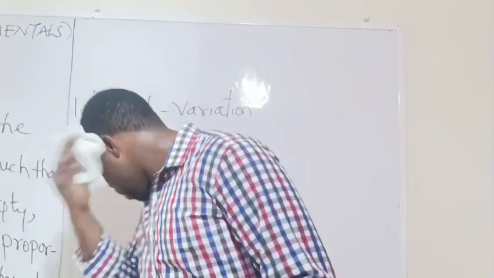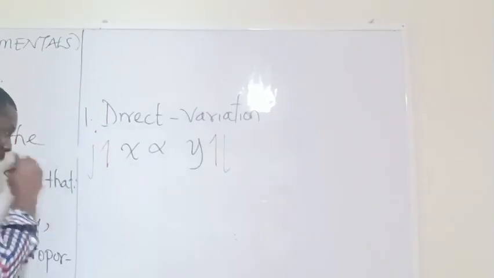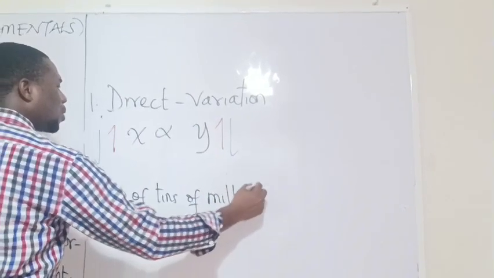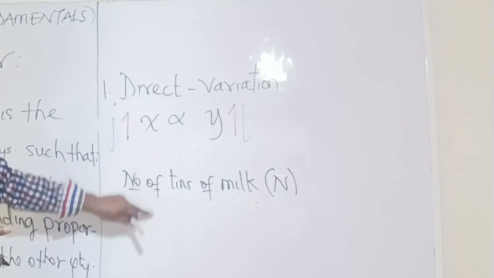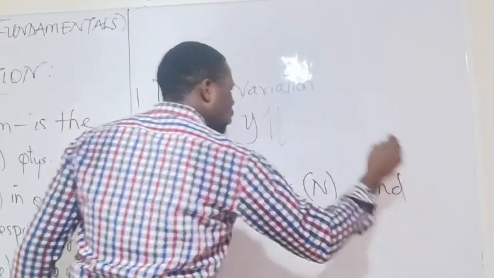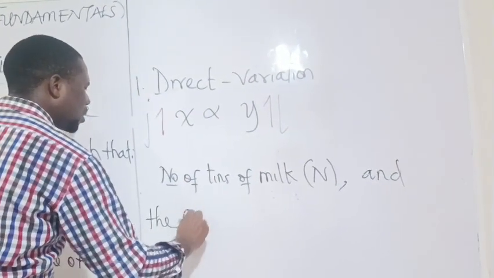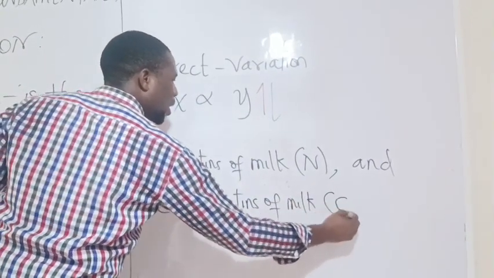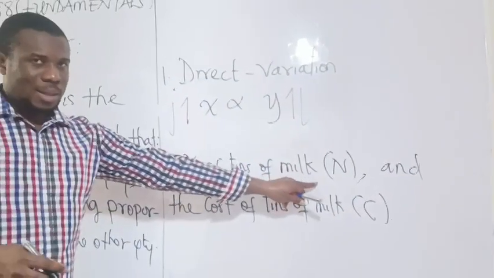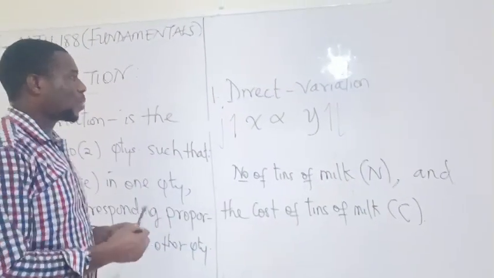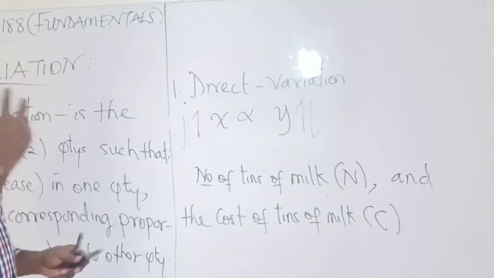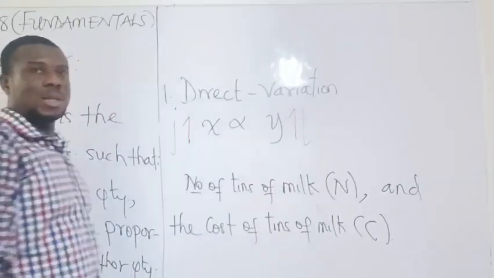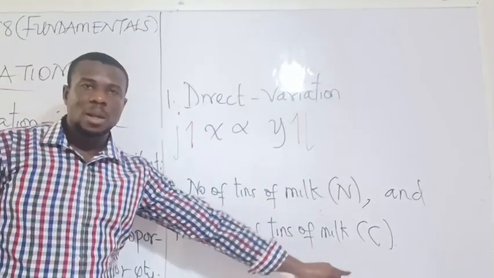And I give you a real life situation. Let's take, for example, the number of tins of milk, I denote that by a capital letter N, this is one quantity, you could call this x, and the cost of tins of milk, which I could give the symbol capital letter C. Clearly, the more tins of milk, the more the cost increases. And the fewer the tins of milk, the lower the cost.